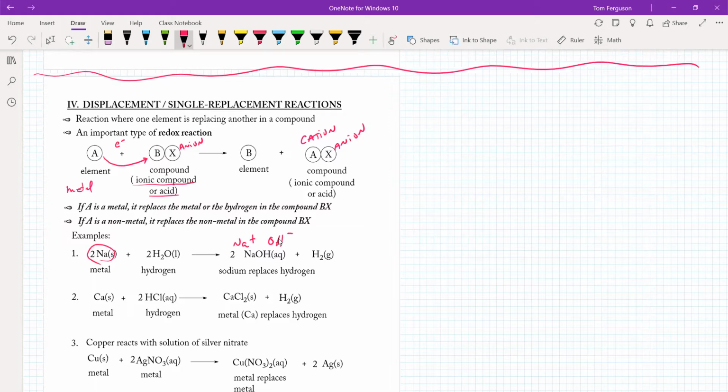And where does that electron go? It goes over to here. So this is going to be the A.